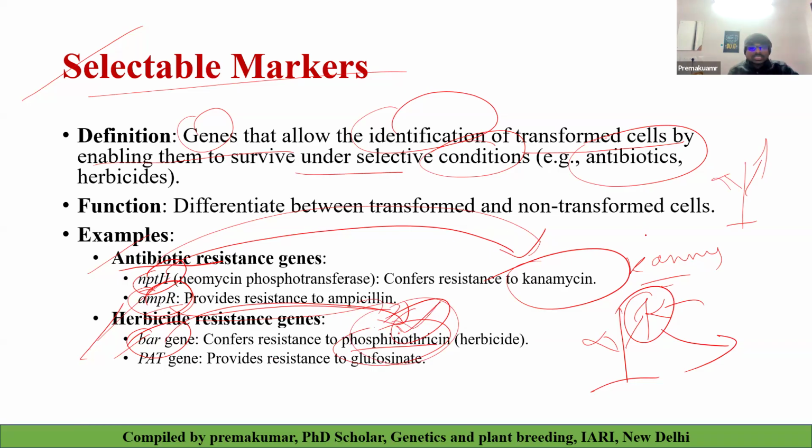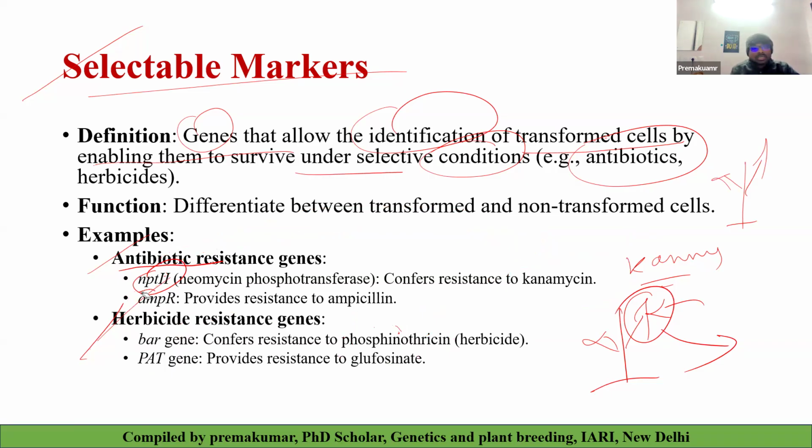Based on that herbicide sensitivity, we can classify which are recombinant and which are non-recombinant. The bar gene is a classical example, and this herbicide is also very classical. Phosphinothricin, and the PAT gene means glufosinate. These are different examples of selectable markers. I hope you understood what selectable markers are. Any doubts regarding this?